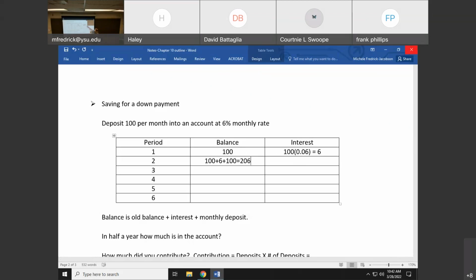So when this statement came, we had $106, and you put in another deposit because it says deposit $100 a month. So at the beginning of that period, there's $206 that you're making interest on.